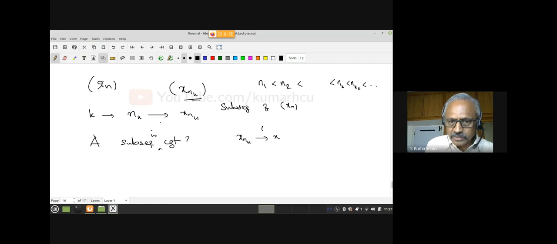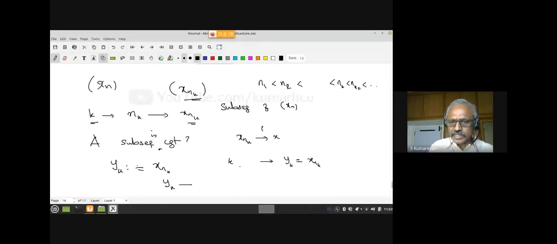That is why I wrote it like this. Look at this. I have k going to x_nk. Call this a sequence y, where yk is x_nk. For each natural number k, there is a real number yk, which is x_nk. Now k going to yk is a sequence.